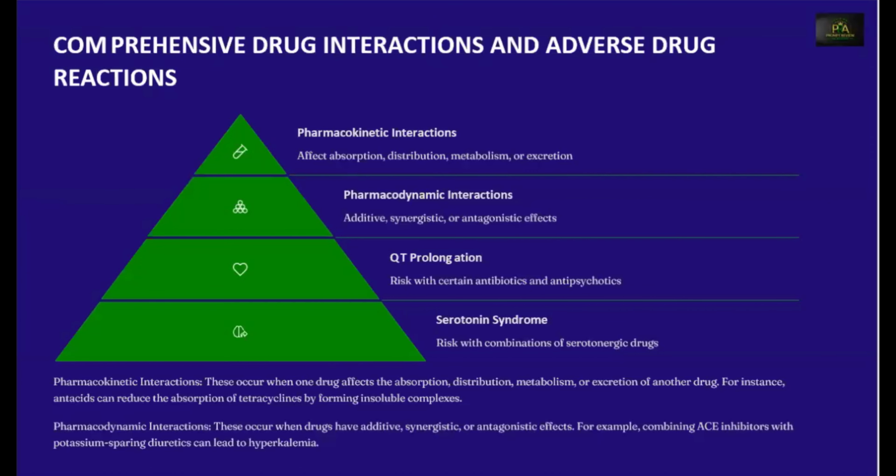So this is the comprehensive drug interaction. So these are the ways the medications can interact. So just know your pharmacokinetics in summary, pharmacodynamics, then QT. Some medication can cause QT prolongation. Okay, some antibiotics like the macrolides, some antipsychotics, then serotonin syndrome.